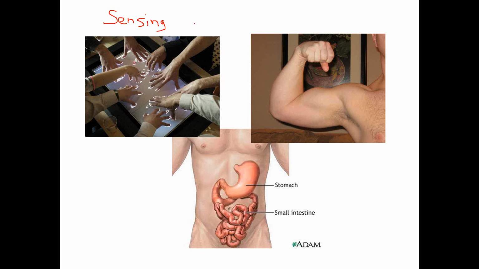The nervous system plays an important part in sensing the environment around us and what's going on within our own bodies. The other important thing is movement. The nervous system is vital for moving the body. So there's a part of the nervous system called the motor nervous system, which is responsible for moving things.